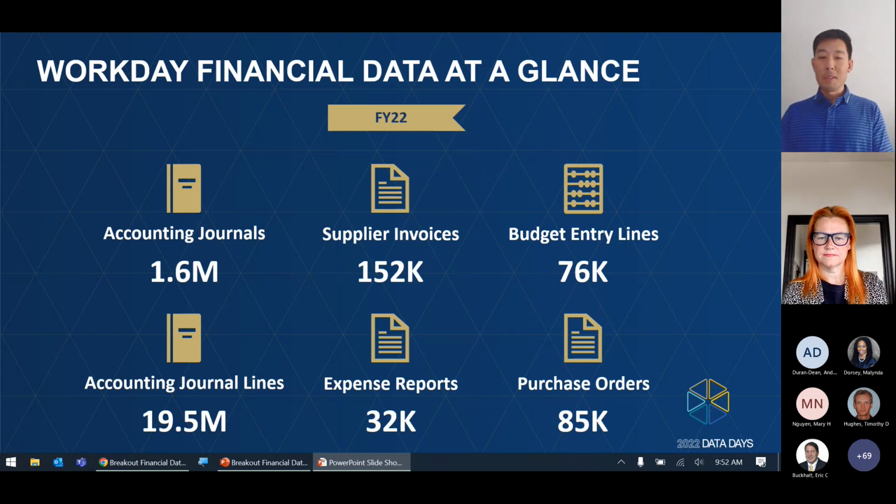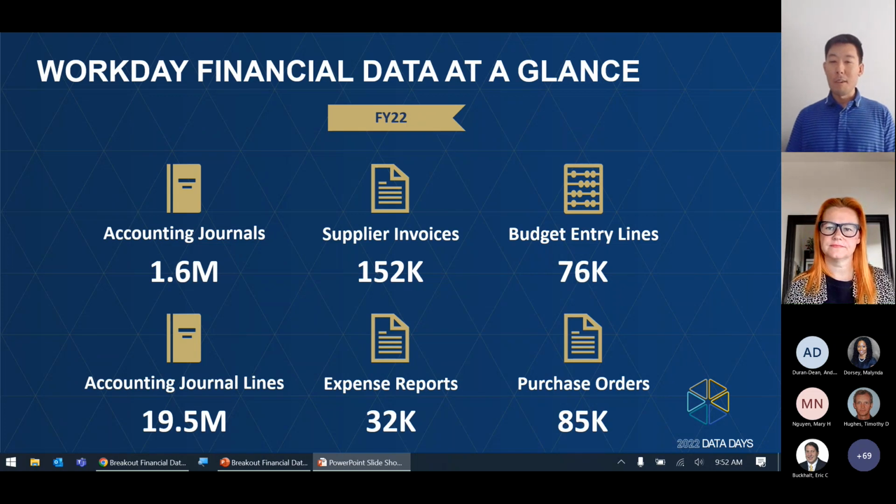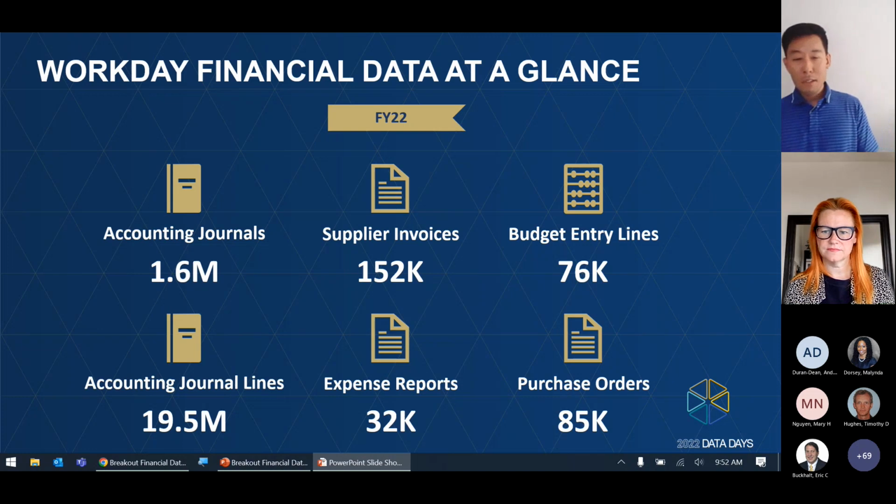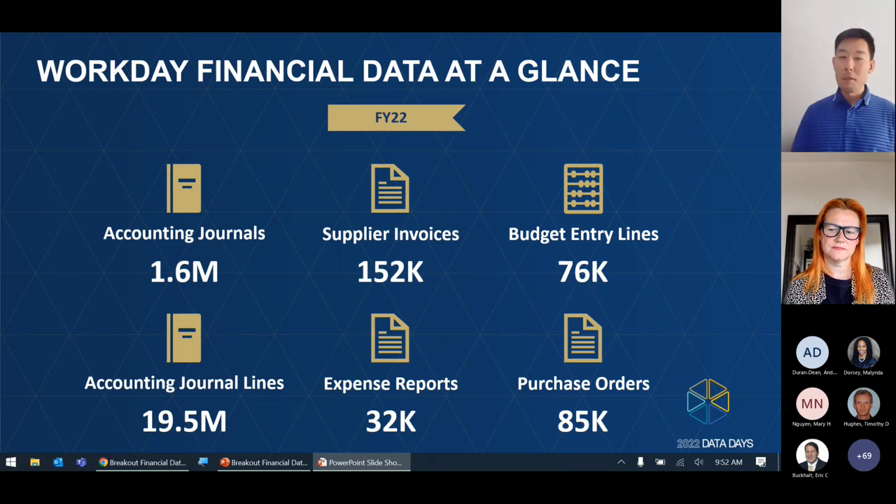So to start off with some actual data, to give you an idea of the volume of financial data that we're working with in Workday, last year in FY22, we had 1.6 million accounting journals. These are accounting journals that groups across campus enter in manually.